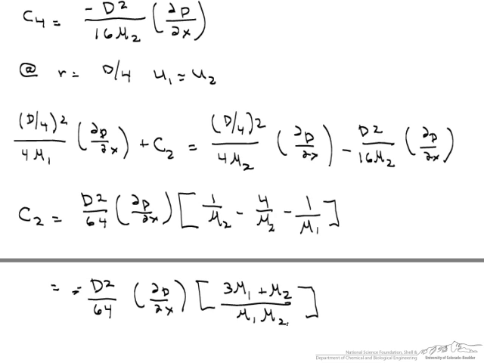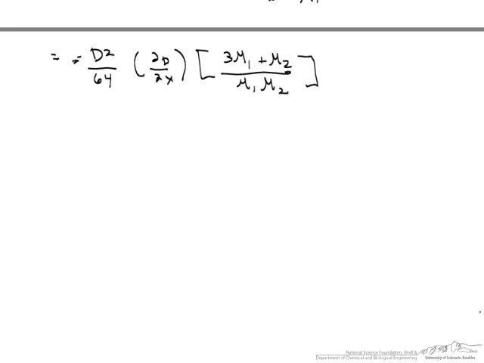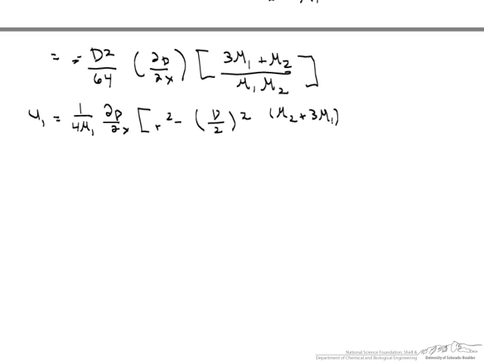So when we put all of our constants together that we solved for and put them back into our u1 and u2, we end up with the following equations. So our u1 is 1 over 4 mu 1 dp dx times r squared minus d over 2 squared, and then here's our mu 2 plus 3 mu 1 over 4 mu 2.